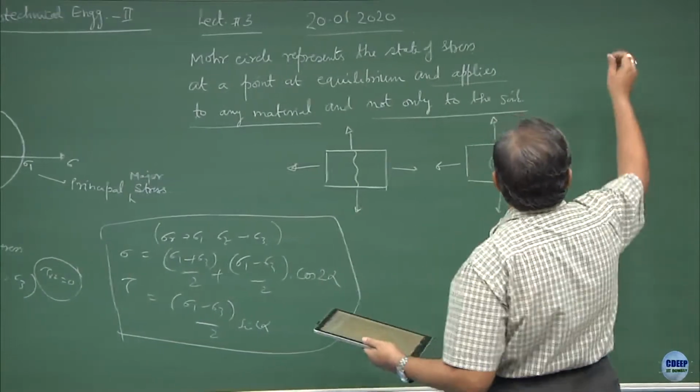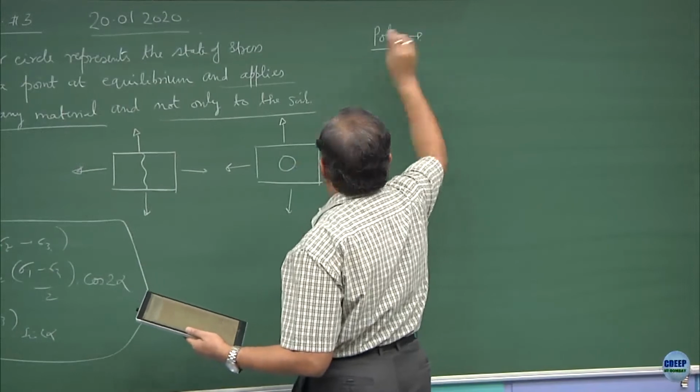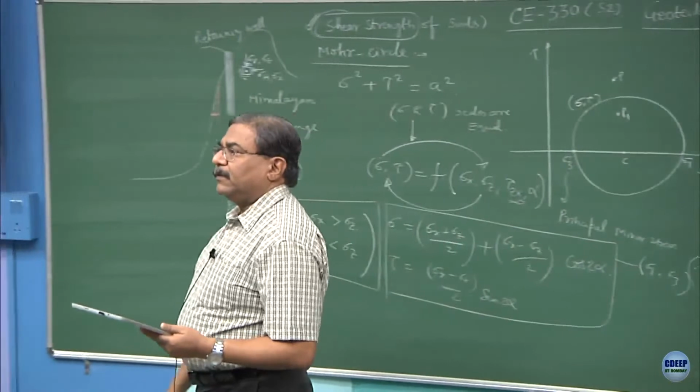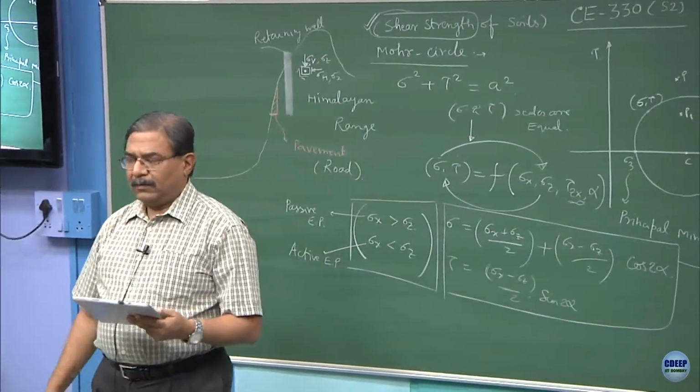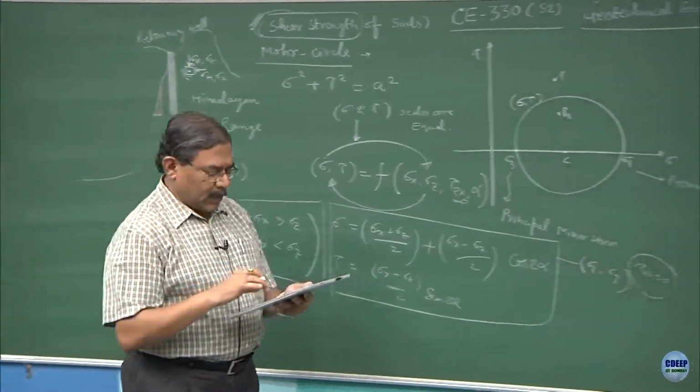we define a point which is known as pole. Hope you must have done it in strength of materials. Have you done it or not? No? No issues. Do you remember, or you have not been exposed to this? No issues.